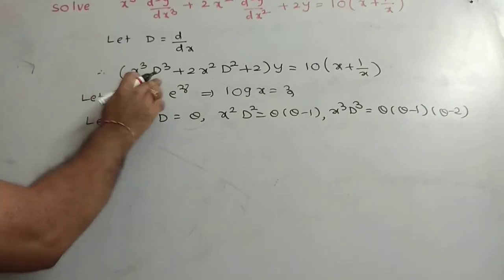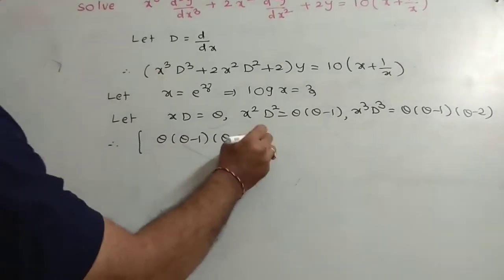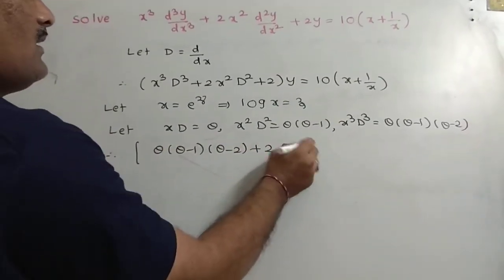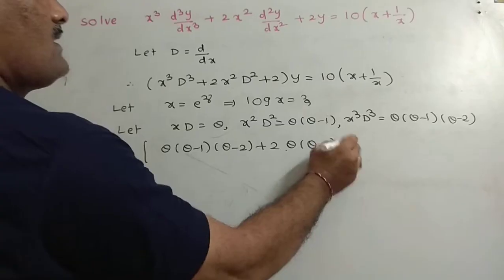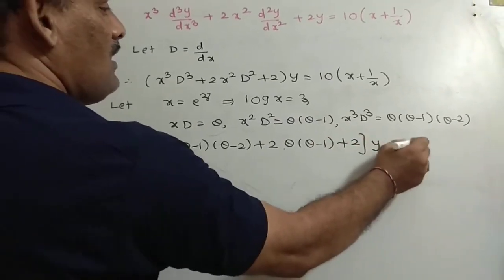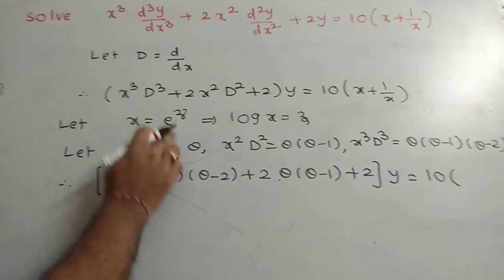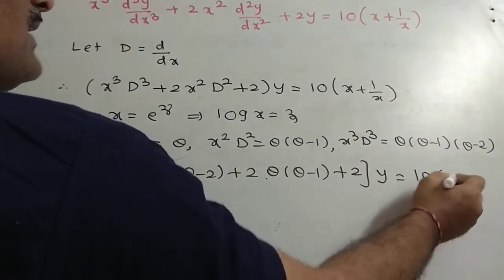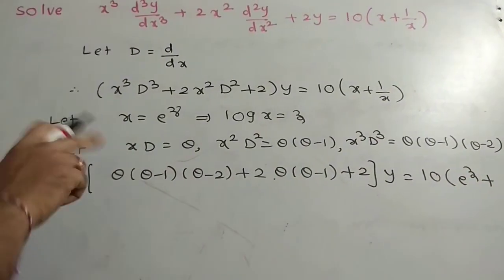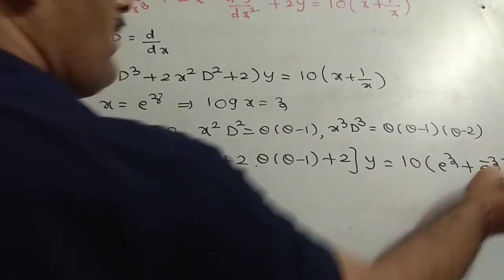So x cube D cube means theta (theta minus 1)(theta minus 2), plus 2 into x square D square, which is theta (theta minus 1), and only the constant 2 is there. This is of y, equal to 10 into the x value. We supposed x is e power z, so 10 e power z plus 1 by x, that means 1 divided by e power z, which I can write as e to the power of minus z.